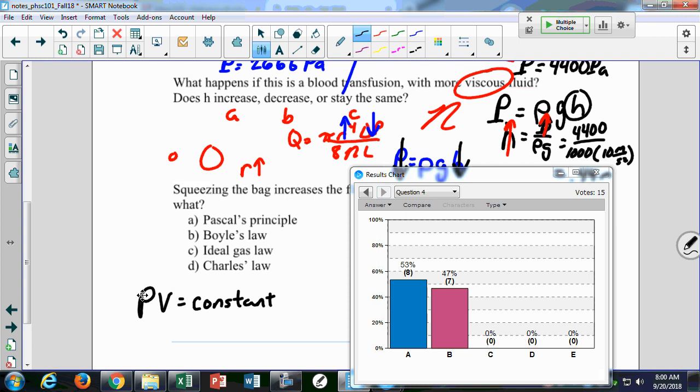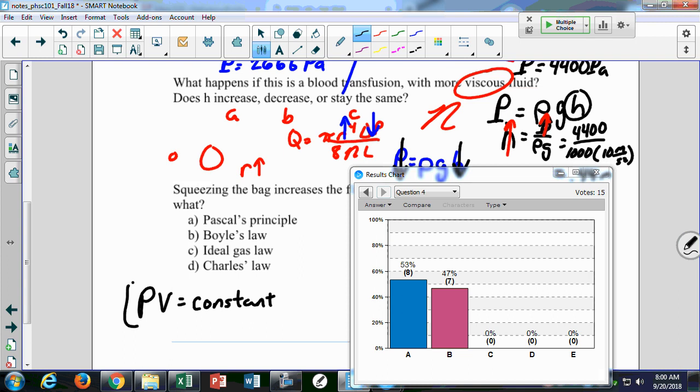Right. In fact, if you have an incompressible fluid, like water or some other liquid, you can't change the volume of the fluid. That's the definition of incompressible. I can't change V without changing the amount of material that's in there. So with a given amount of fluid, I can't change the volume. So Boyle's law is only for gases.